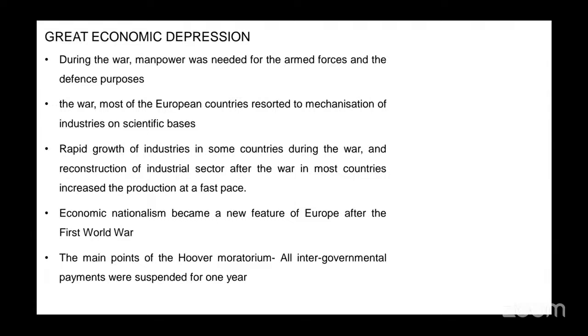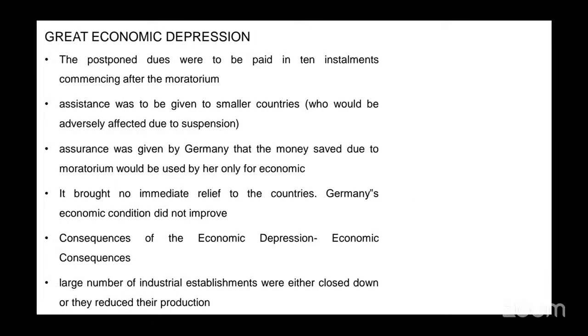One of the main features is that intergovernmental payments were suspended for one year, and they also postponed dues, which were to be paid in 10 installments after the commencement of the moratorium. Assistance was to be given to smaller countries because they were said to be affected adversely.